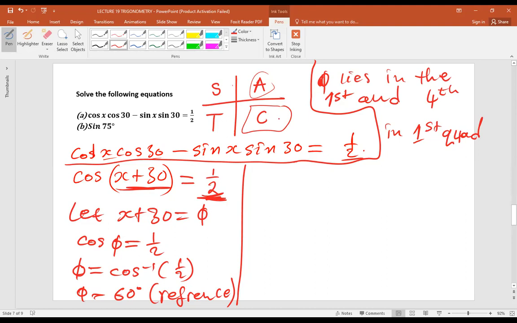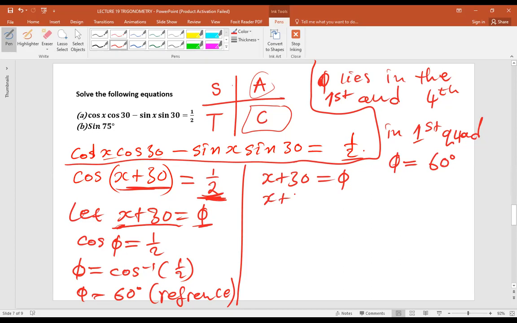So in the first quadrant, they asked us to find x. In the first quadrant, phi will still be 60 degrees. But the question is not asking us to find phi, but x. So we recall that x plus 30 is equal to phi. What is phi? I'm going to put 60.